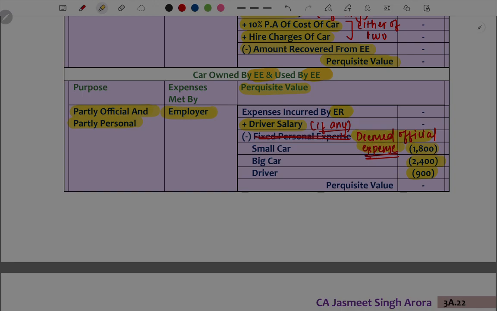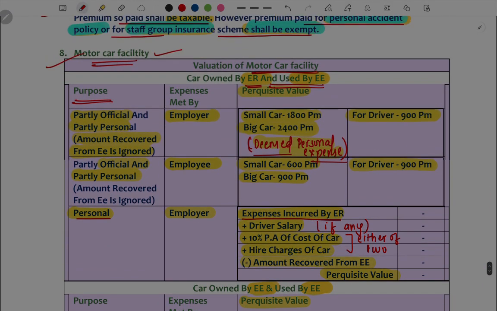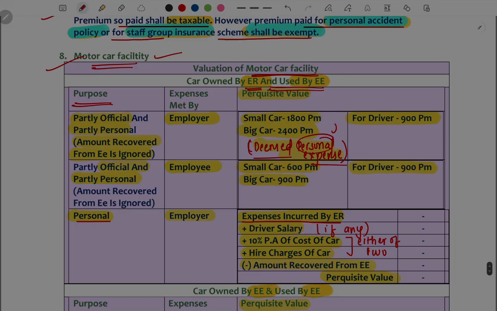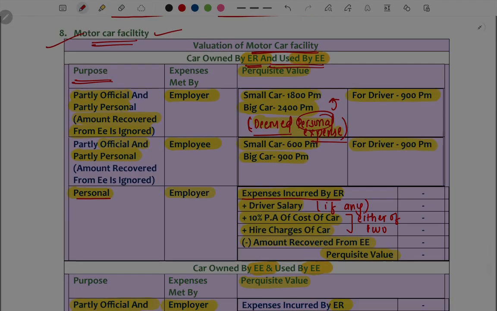The deemed official part is subtracted, and the remaining is personal. In this condition it is treated as official, that's why it is subtracted, and in this case it is treated as personal.